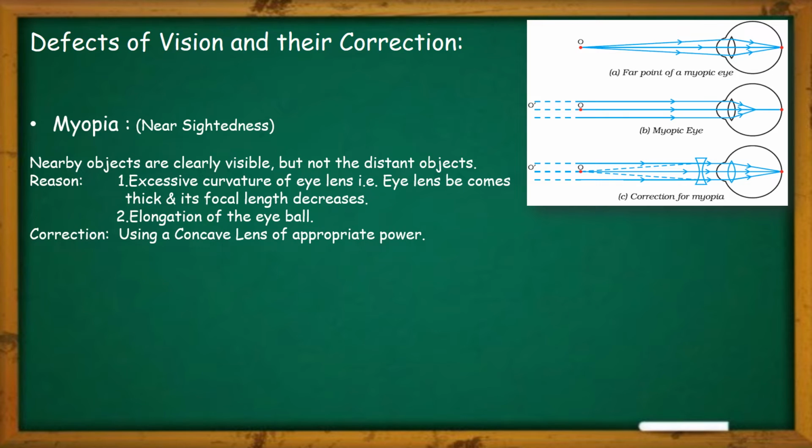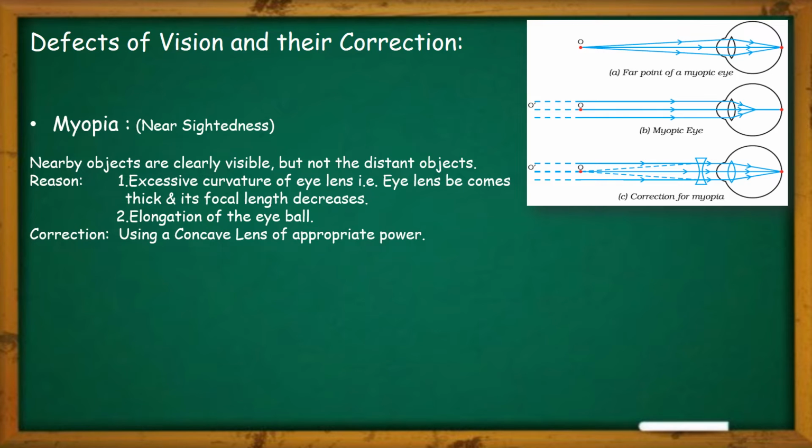The reason for this defect is the excessive curvature of our eye lens. That means the eye lens becomes too thick and its focal length decreases, for which the image of the object, which should be created on the retina, is not created on the retina. Rather it is created somewhere in the vitreous humor, before the retina, where it is focused.